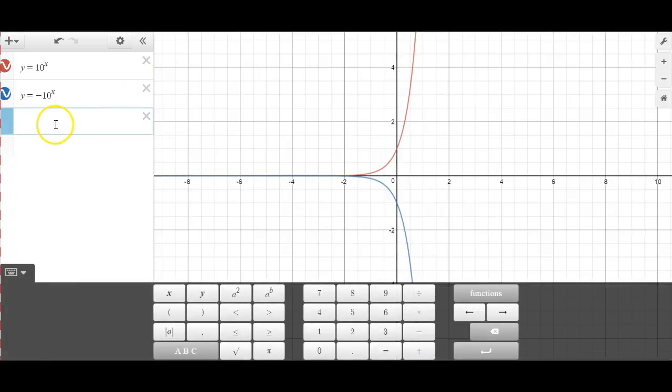If I go back and vary the number in front of x, so let's go y equals, we'll go back to a positive 10, but now let's make it to the power of 2x. Okay, so we can see, like previous exponential graphs, when they're positive they all go through 0, 1.